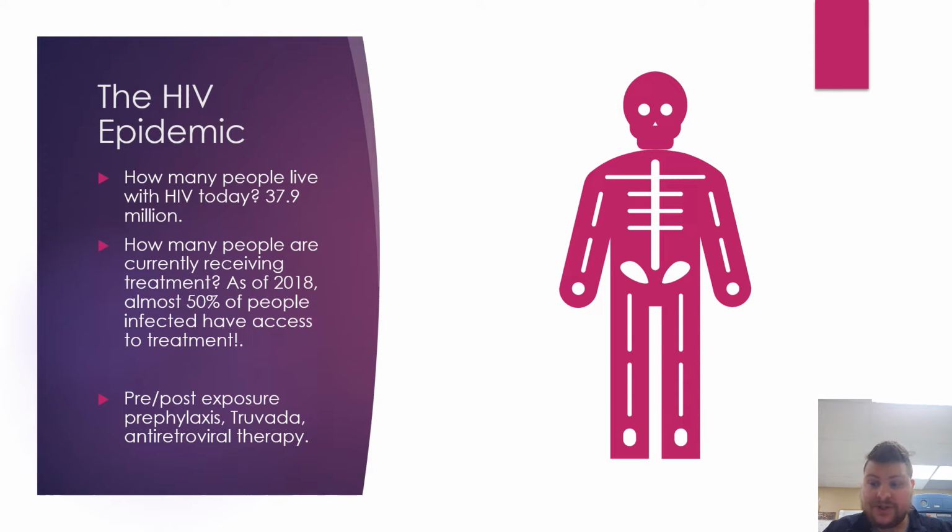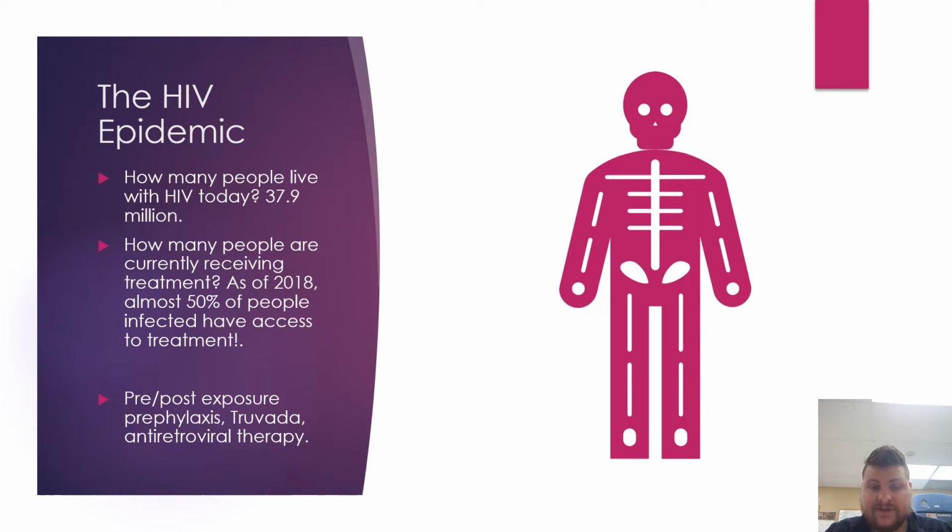But looking on to today, it is still an epidemic, it is still present, it is still going on, it is still an issue. There are 37.9 million people living with this virus. But there is some good news with this.